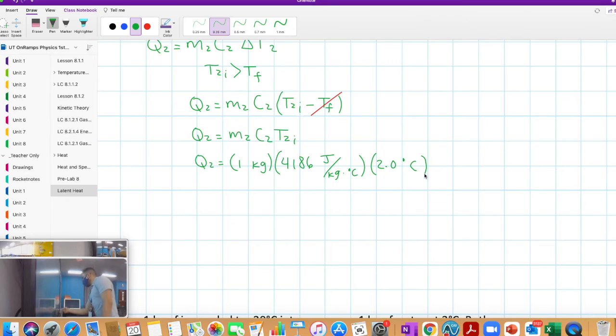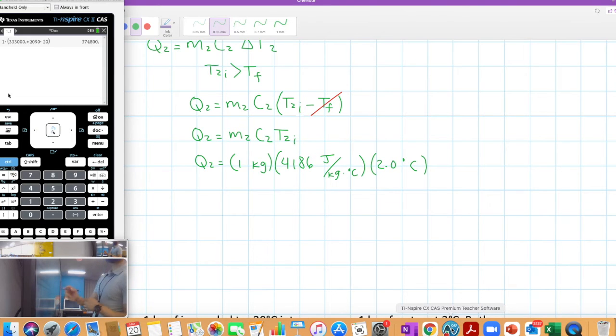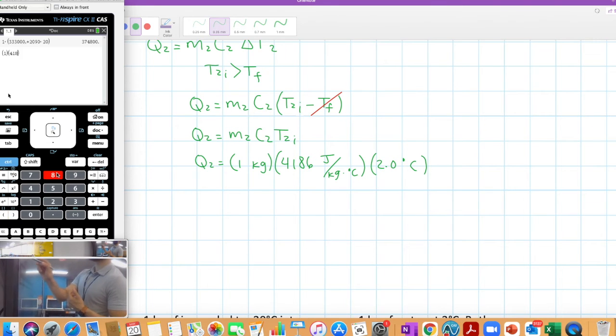And let's see what that is. I know I do not need the 1, I'm including it so you can see it. So 4186 times the 2 degrees is 8,372 joules. That's all we have available.